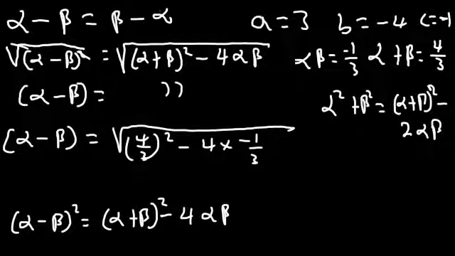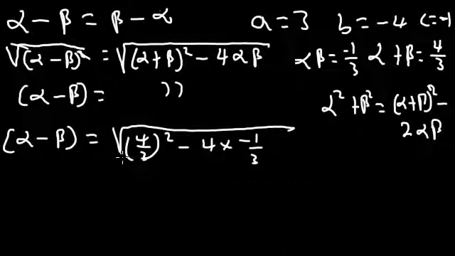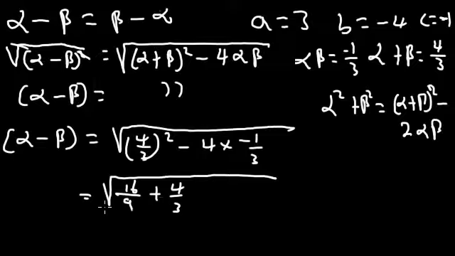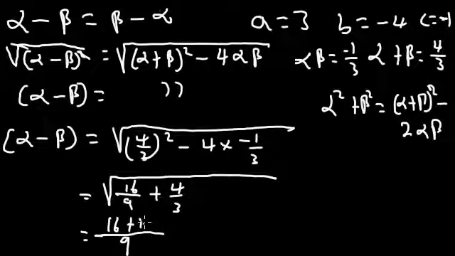Simplifying this, we now have alpha minus beta equal to the root of 4 over 3 squared, which gives us 16 over 9. Then negative 4 times negative 1 over 3 gives us positive 4 over 3. So let's add them up. The LCM is 9. So we have 16 plus 3 times 4, which is 12.